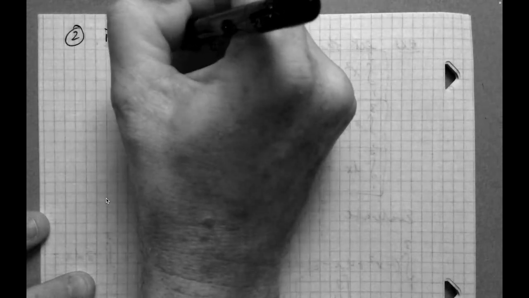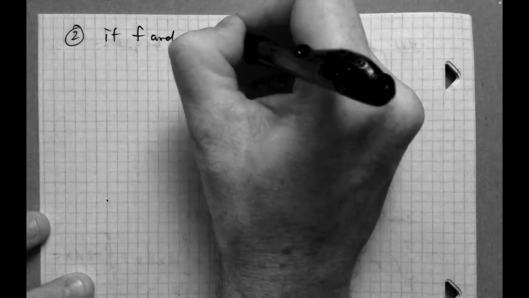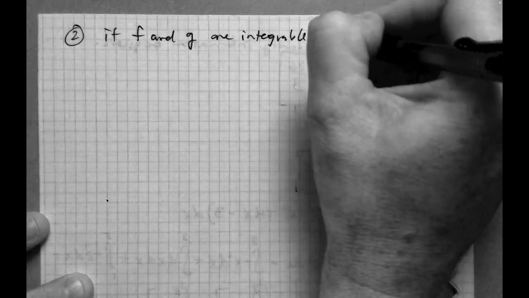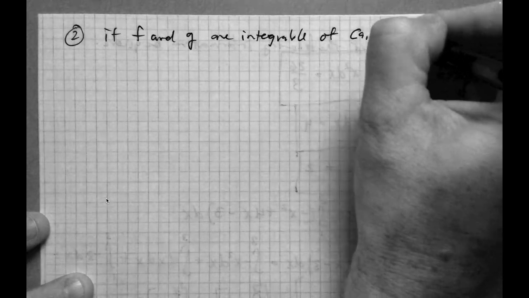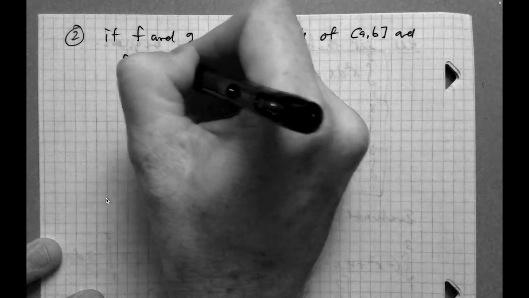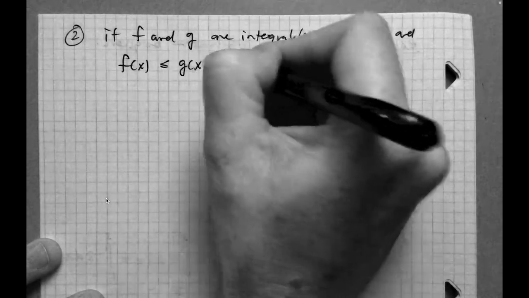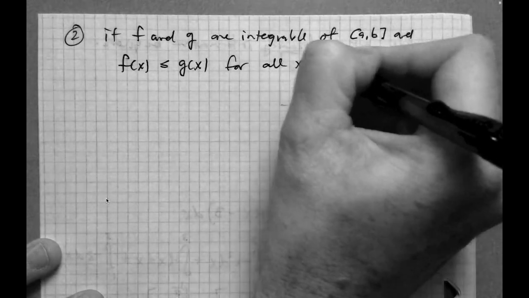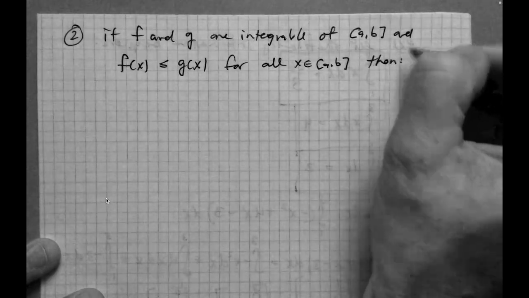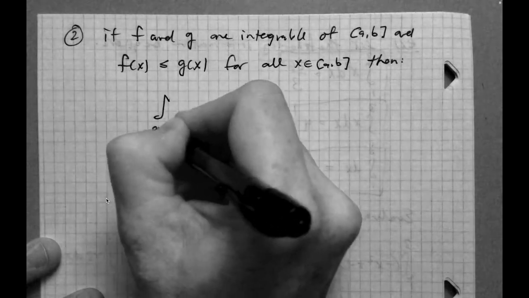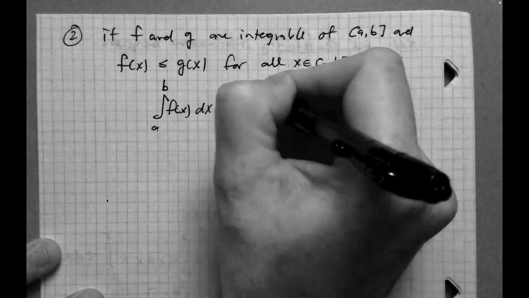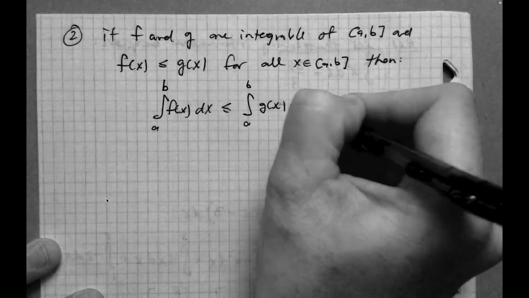If f and g are integrable on an interval AB, closed interval AB, and f of x is less than or equal to g of x for all x in AB, then what do you think's going to be the case? Well, then the integral from a to b of f of x dx is less than or equal to the integral from a to b of g of x dx.